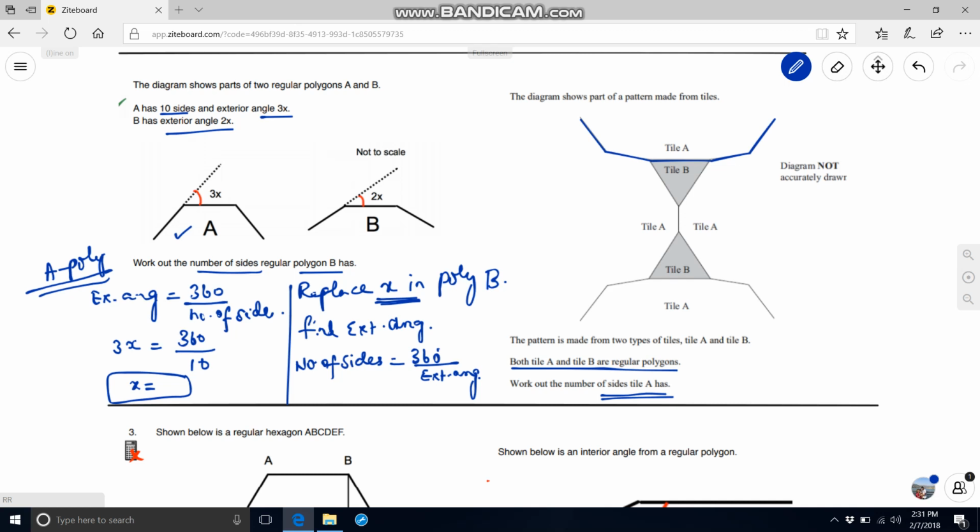It's not possible. And we can start with the B concept because B is an equilateral triangle here, because they said B is also having regular sides. Regular means all the three sides are equal, and all three sides equal means it is an equilateral triangle. In an equilateral triangle, all the three angles will be equal to 60 degree only.